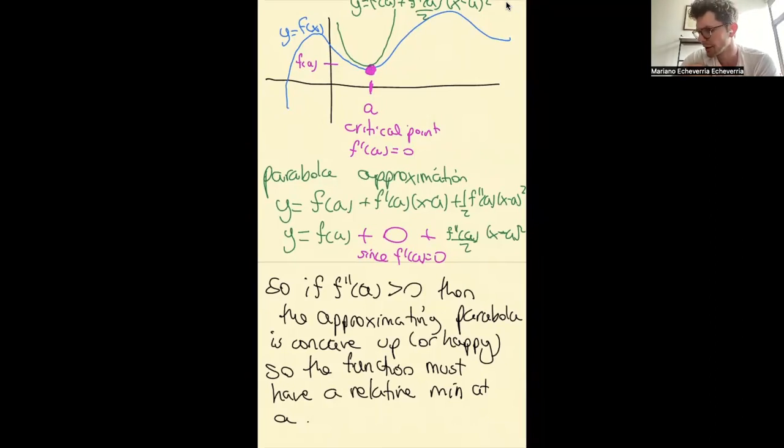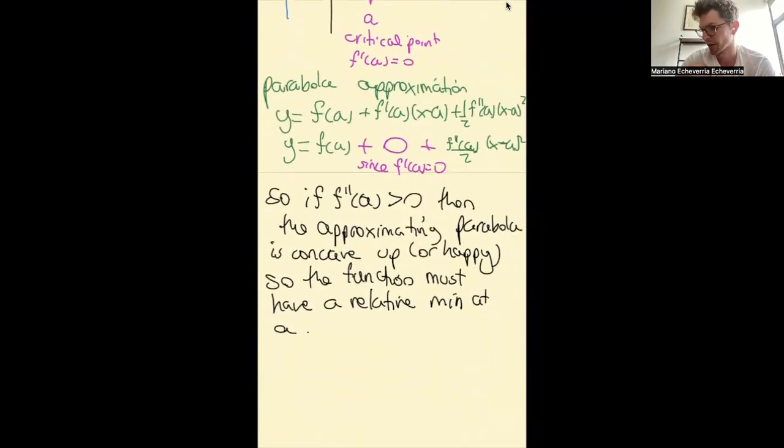And what do you think would happen in the case of a max? In the case of a max, it should be concave down, right? So it has to be a sad parabola. A sad parabola would mean that the coefficient in front of (x minus a) squared would be negative. So this coefficient has to be negative, and that can only happen when the second derivative is negative.